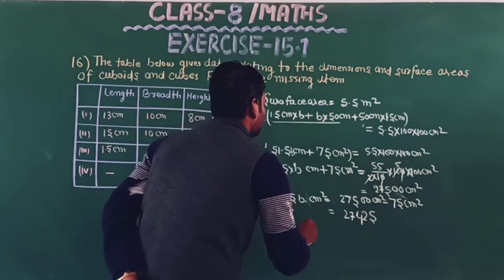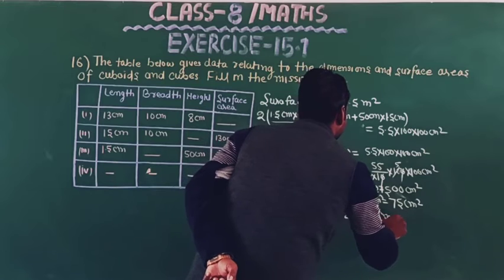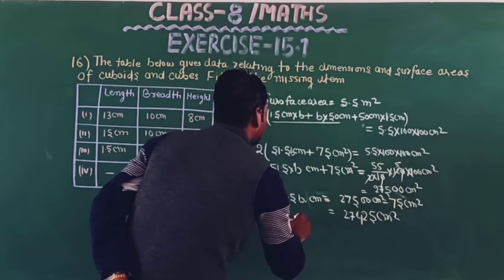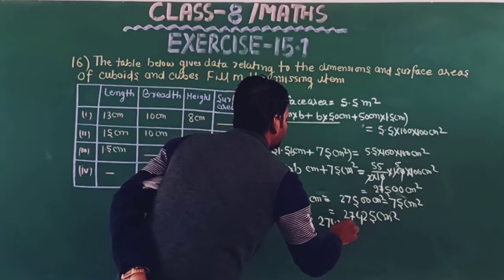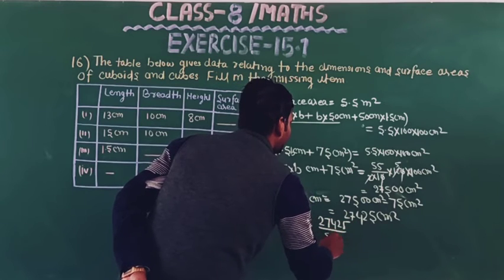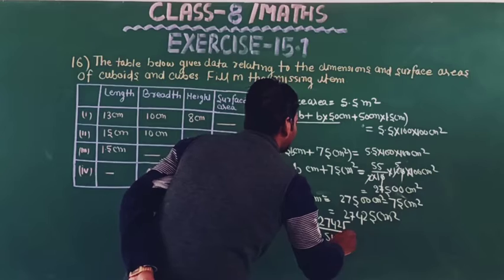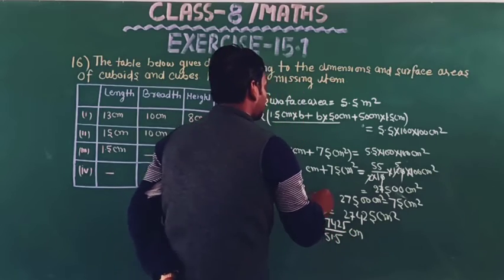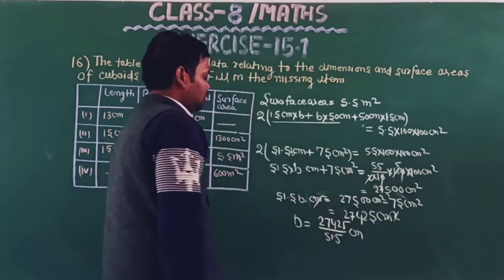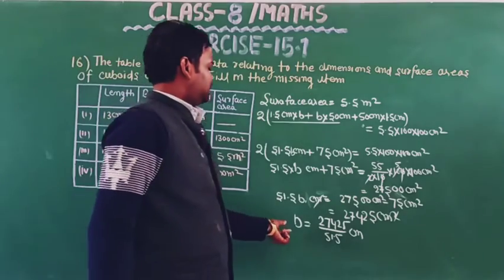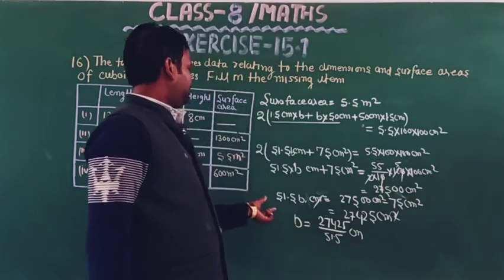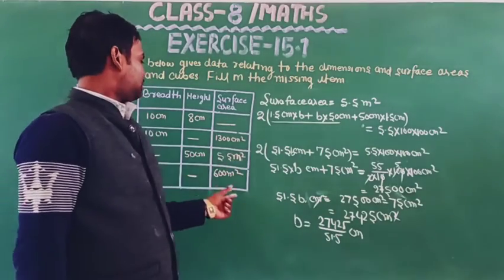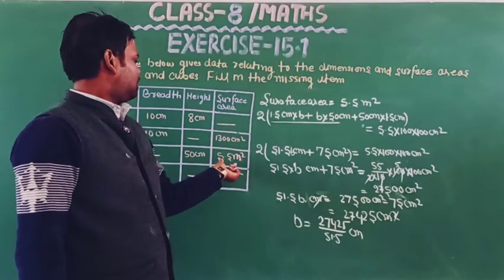Okay, cm². And the value of B equals 27425 divided by 55 cm. Centimeter cancels out, so we will get the value of B, but the answer in the question is not matched.